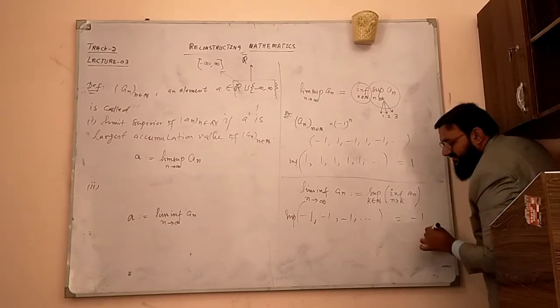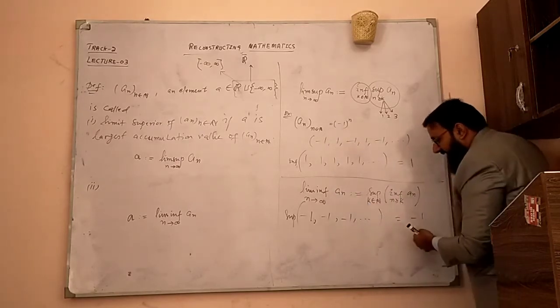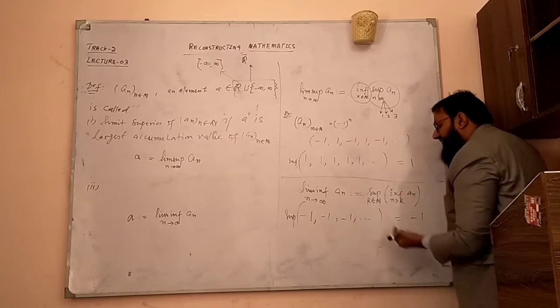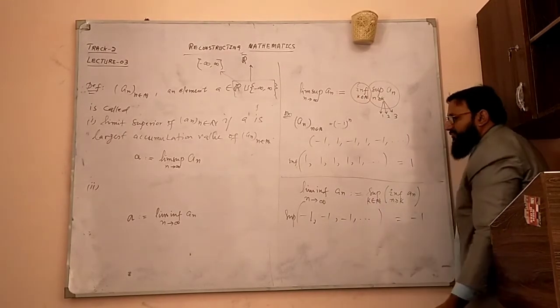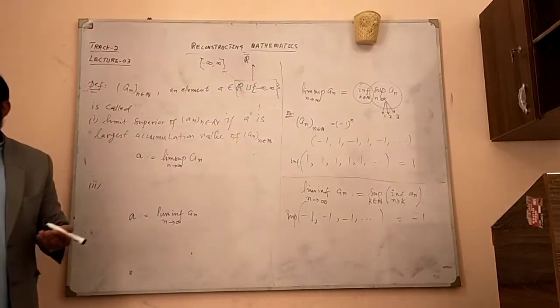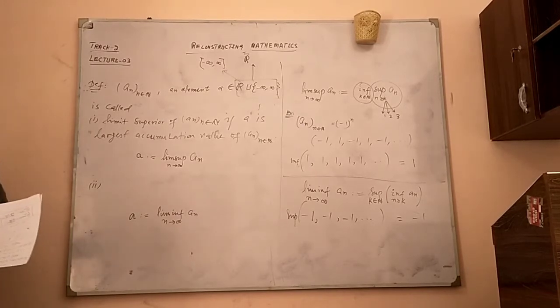Supremum of these elements is -1. So the liminf for this sequence is -1. So liminf is defined as the supremum of infimums. Limsup is defined as the infimum of supremums. So this is another definition to evaluate the limsup and liminf of a sequence.